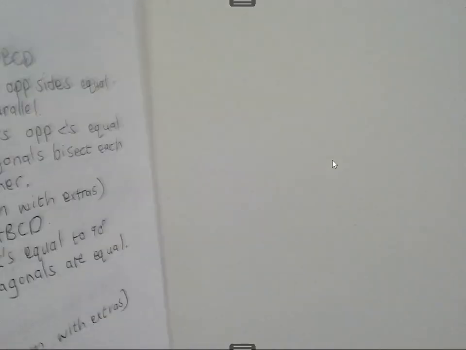Right, then we've got two more quadrilaterals. They aren't doctors, but they are also in the medical profession. They are quadrilaterals, but they're not parallelograms. Okay. Do you know what they are?